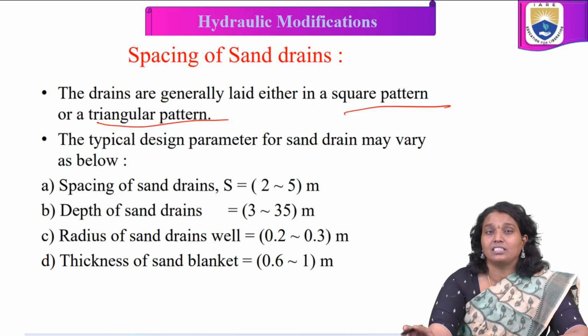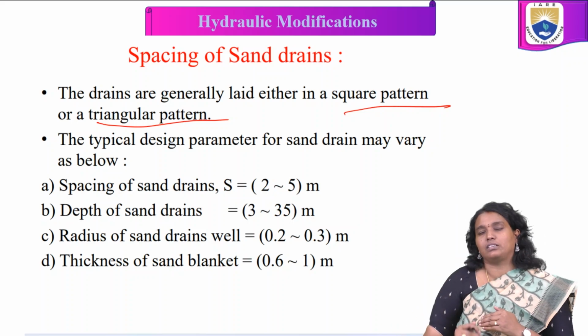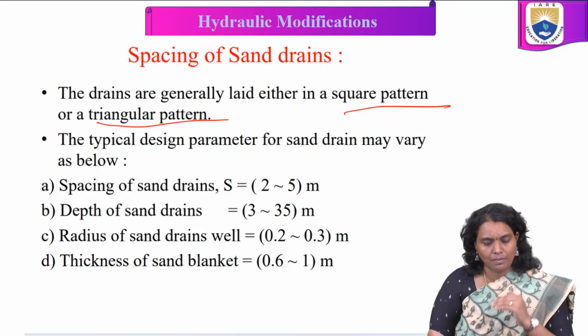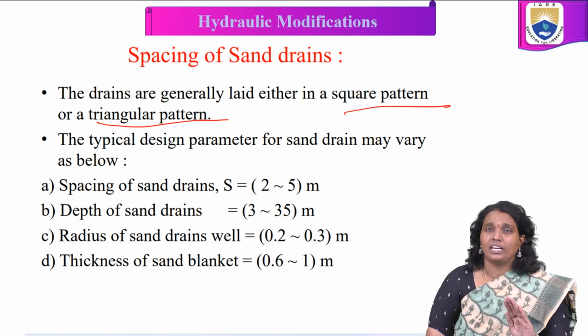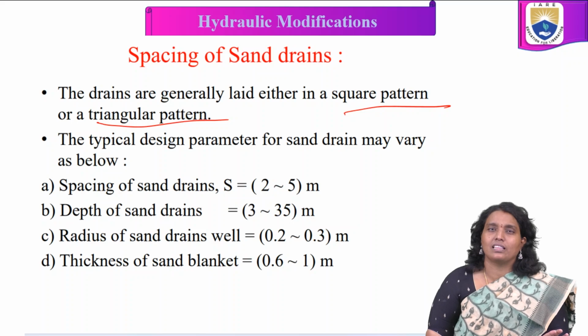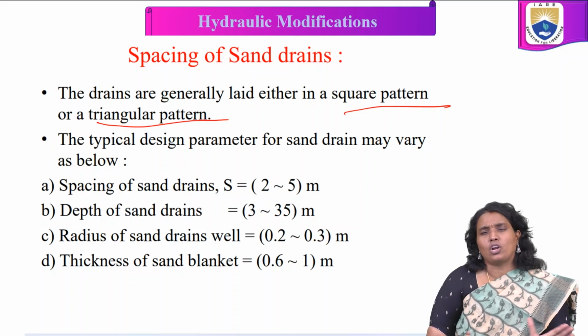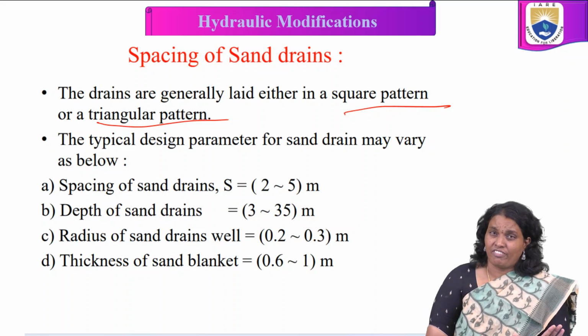The depth of the sand drains depends on how deep the foundation or construction work is required. The drastic changes are in the depth; there is not that much variation in the spacing.